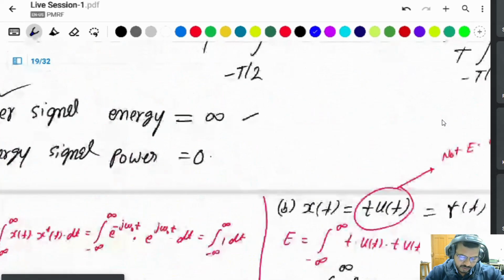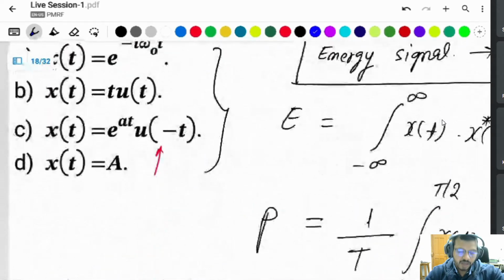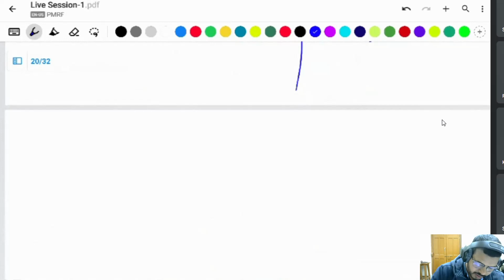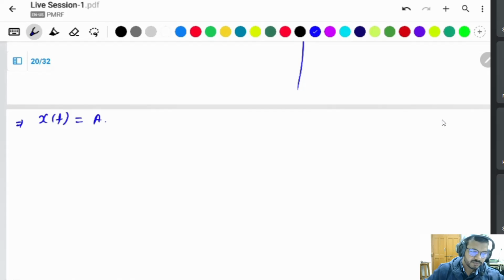Next is a single constant. Then what happened? A single constant is there. Is this an energy signal or a power signal? Only a constant is there. x2 is equal to a only. Let's try.